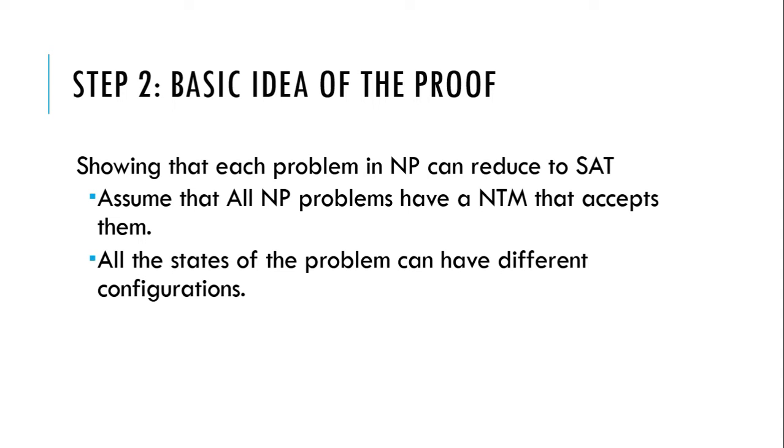Each state can lead to a different state on a given formula or a given input. So again, that shows you the non-deterministic nature of the problem. And if the Turing machine accepts it, it's a satisfiable problem, else we don't have satisfiability.